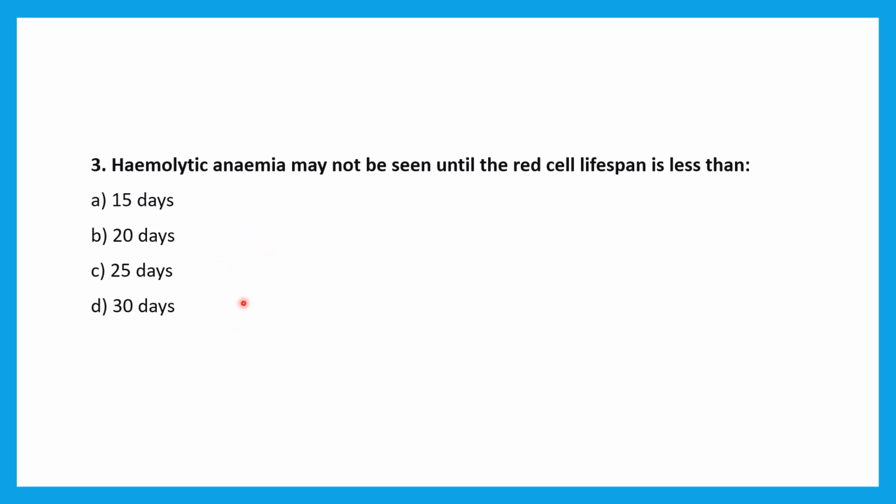The clinical signs of anemia only become apparent when the red blood cell lifespan falls below the compensatory threshold, typically around 30 days. So hemolytic anemia may not be seen until the red cell lifespan is less than 30 days. Our answer is D.